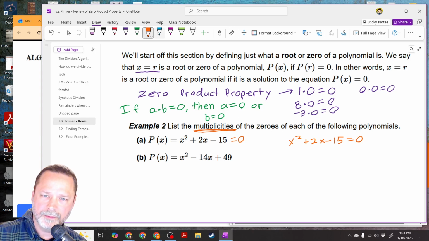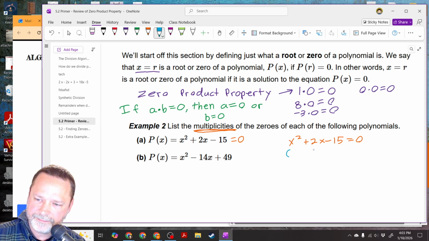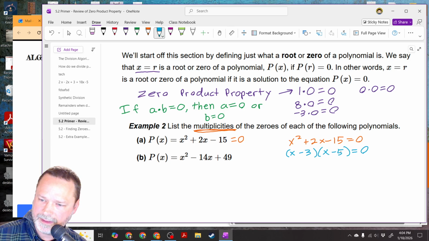This is a quadratic. We know how to do these. We would factor, and we would get x minus 3 times x plus 5 equals 0.